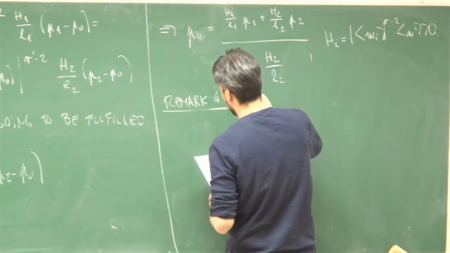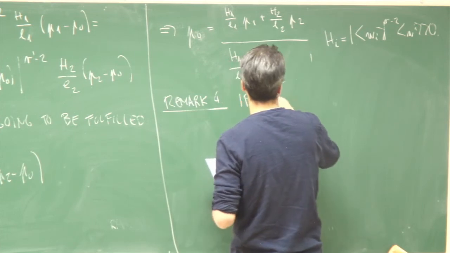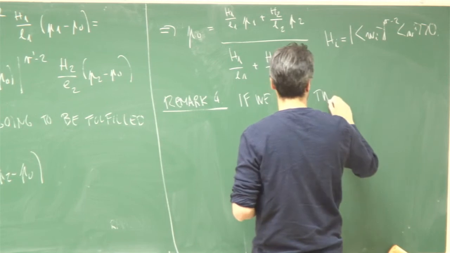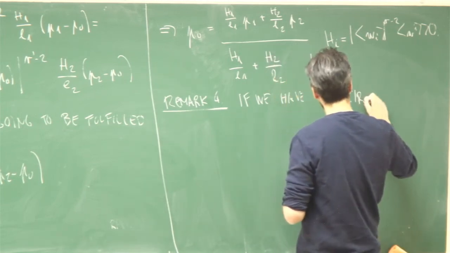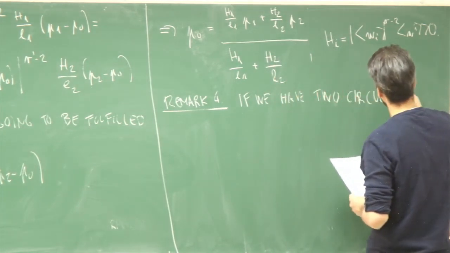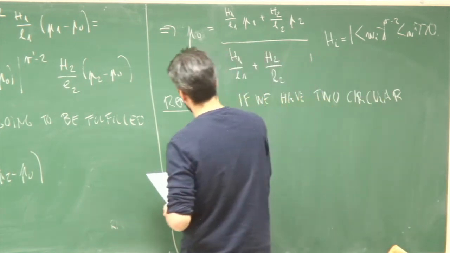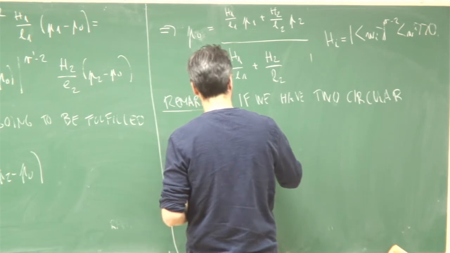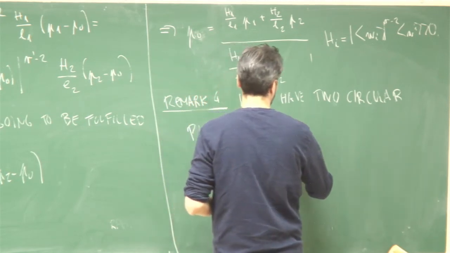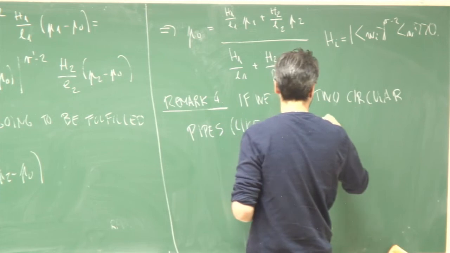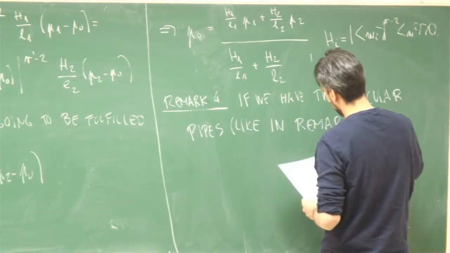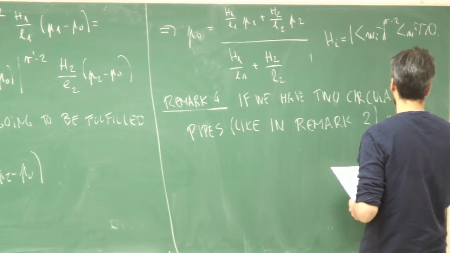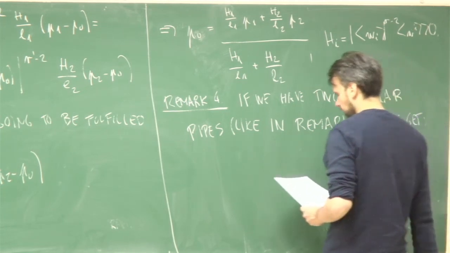So, if we have again two circular pipes, like in a remark, I guess it was 2, we get the following expression.